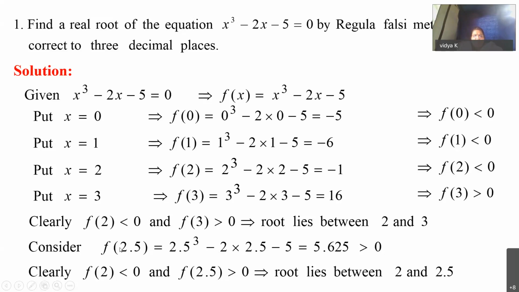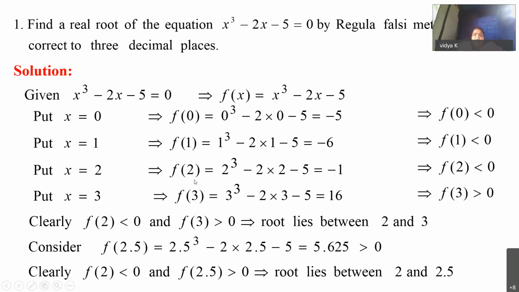Therefore, I made it further. I took 2.5, which is greater than 0, and the value at 2 is less than 0. I can say the root lies between 2 and 2.5. Or you can check f at 2.1, where you also get negative, so the root doesn't lie between 2 and 2.1.